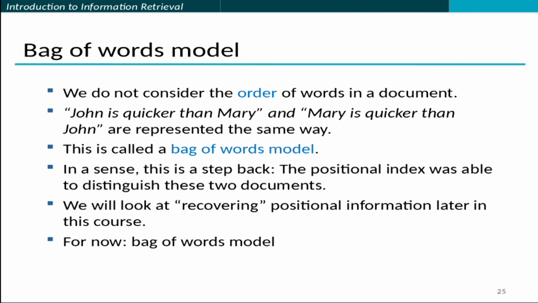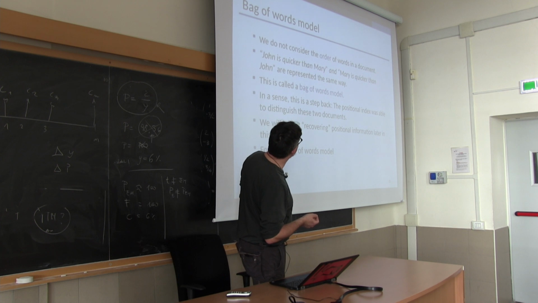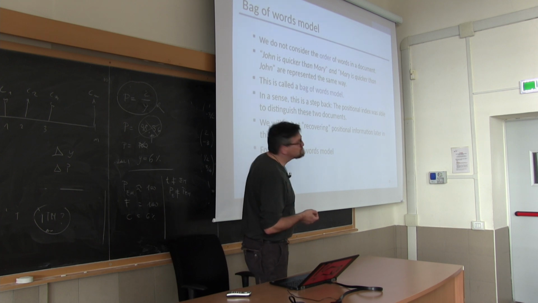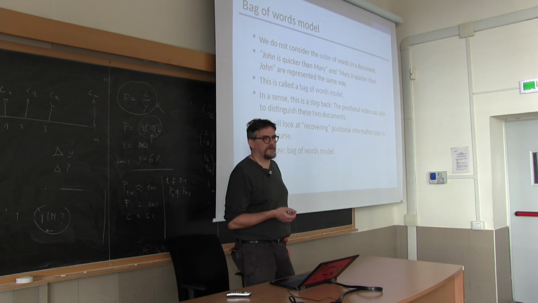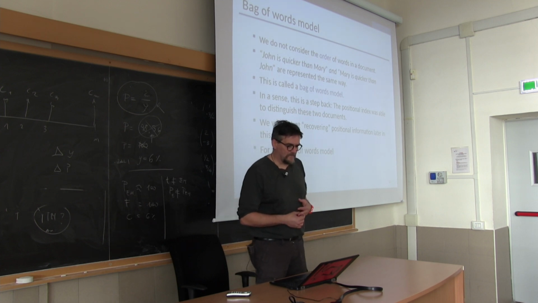Notice that we do not consider the order of the terms. So two documents containing exactly the same terms, but in a different order, are basically the same document for us. For example, John is quicker than Mary and Mary is quicker than John are represented in the same way in the bag of words model.